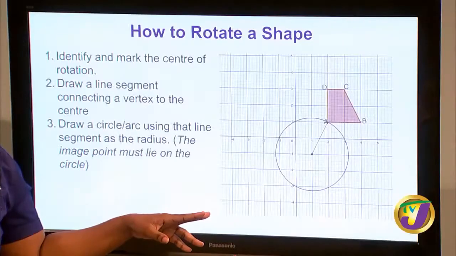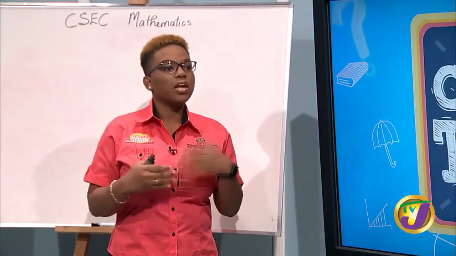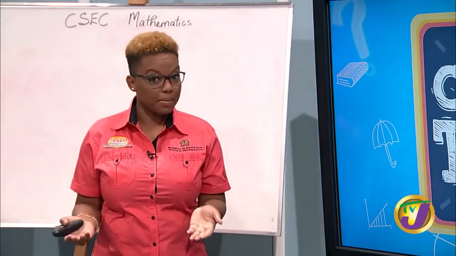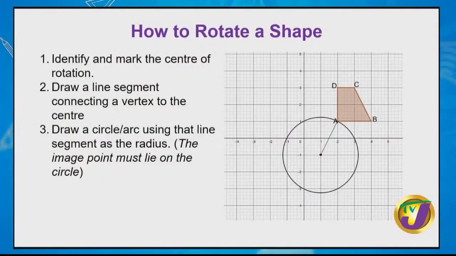Yes. Before you continue, though, can I just say, we would have mentioned A prime, but I don't think we would have said to our viewers what A prime is. So when we rotate an object or pre-image, we denote or represent the name of the shape, which is now our image, with primes.